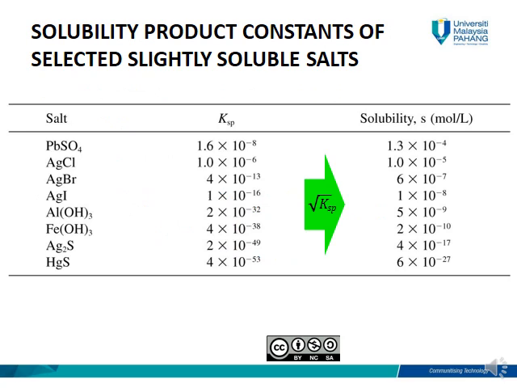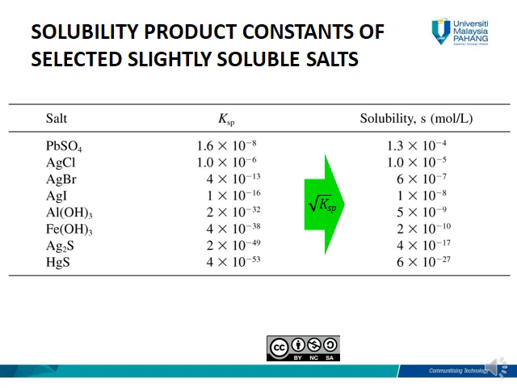Next, when we talk about solubility, we will refer to the KSP value. What is KSP? KSP is the solubility product constant. Here we have a variety of salts: lead sulfate, silver chloride, silver bromide, and so on.